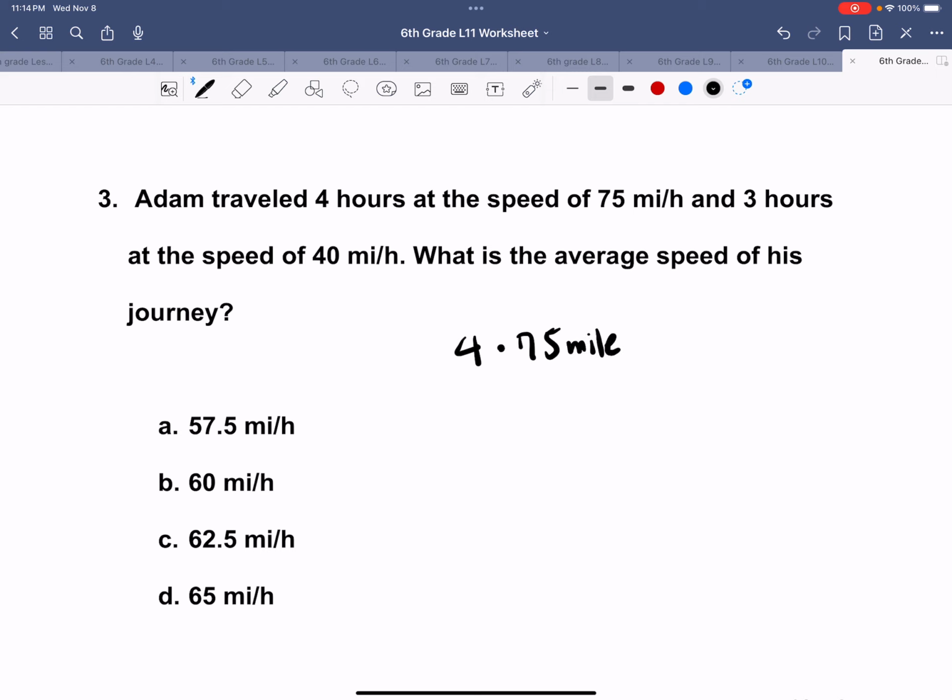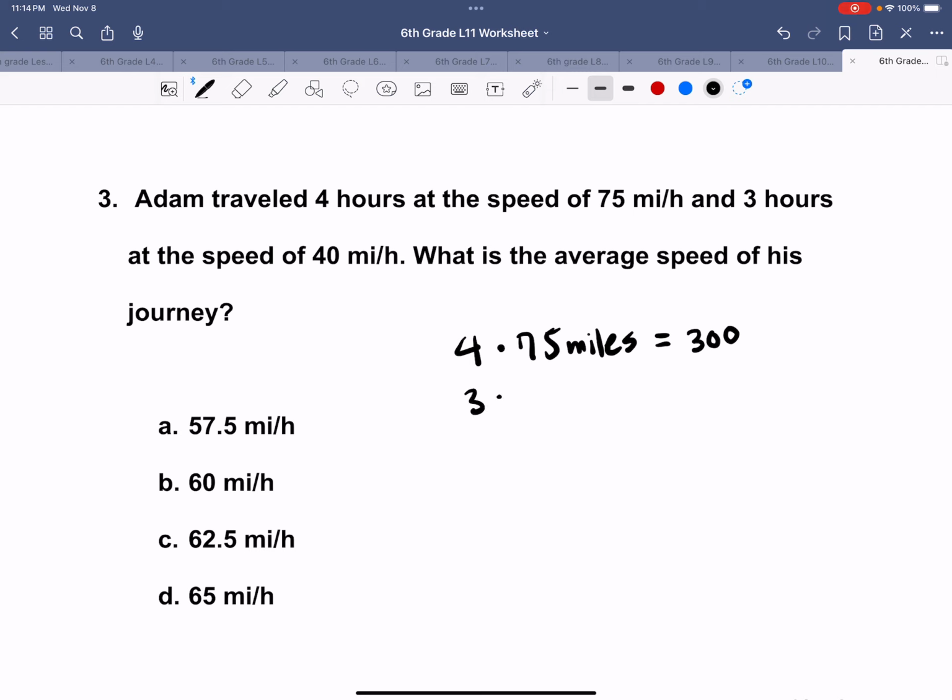So we'll multiply by 75 miles because he drove for 4 hours at the speed of 75 miles per hour. And if we do that, we'll get 300.5. Actually, no, we'll get just 300.